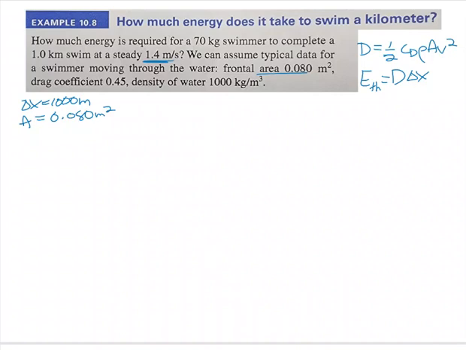What else do we know? The weight of this swimmer. Okay, so mass is 70 kilograms. The velocity is 1.4. V, 1.4 meters per second.